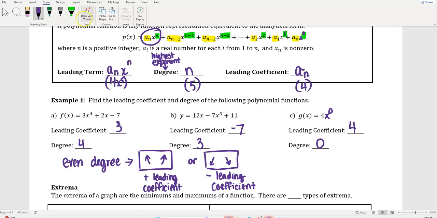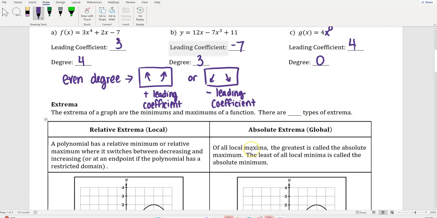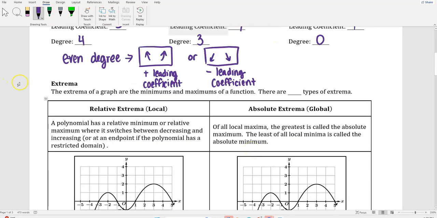So let's keep moving. You may or may not have heard Miss Martin use the word extrema. Have you heard that before? So extrema is just a general term that keeps us from having to say maximums or minimums.